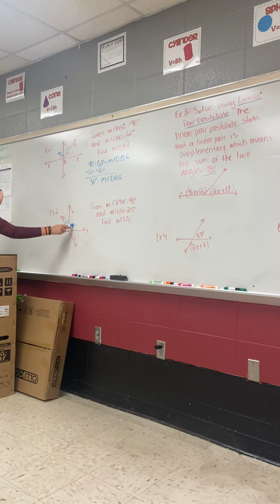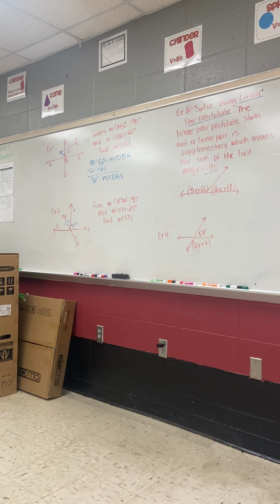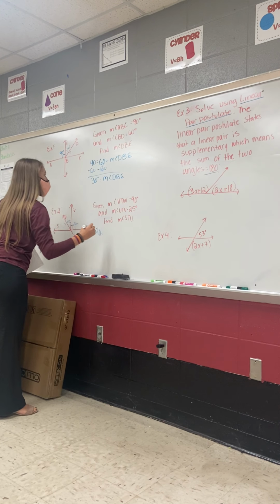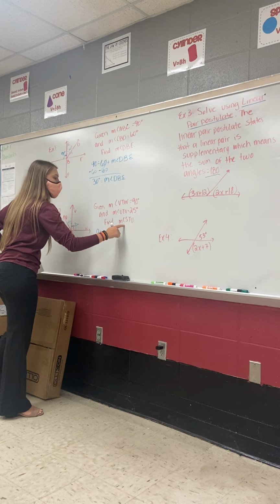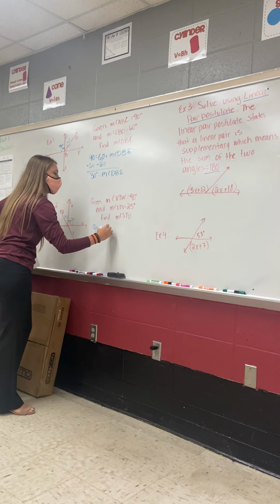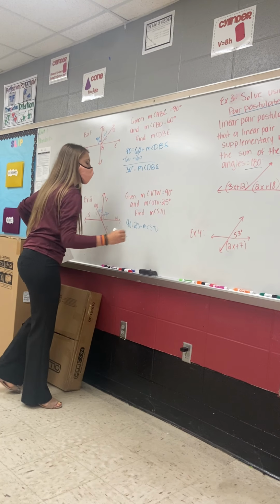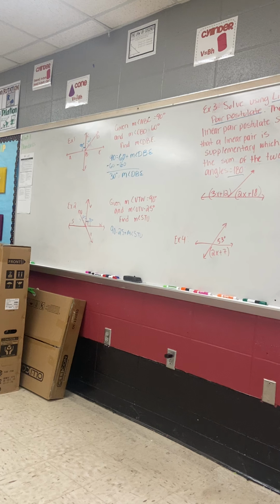So if this is 90, this has also got to be 90. So we're going to set it up the same way. 90 equals 25 plus the measure that it wants us to find is STU. So plus the measure of STU. Is everybody good with how I set that up?